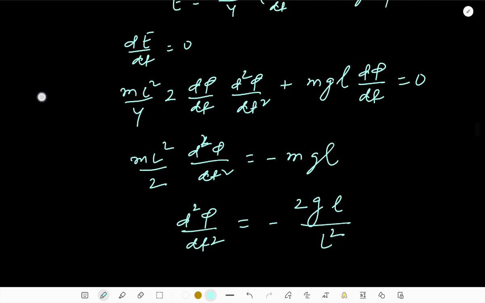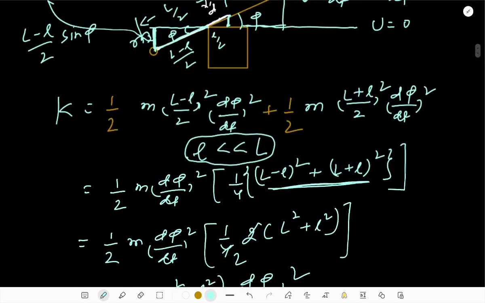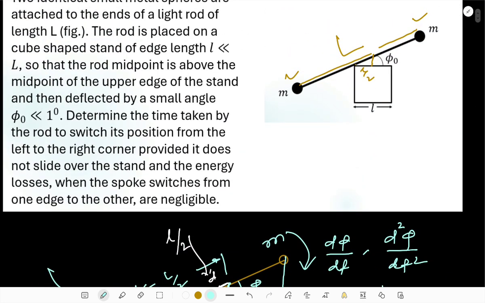So I'm going back to the problem: determine the time taken by the rod to switch its position from the left to the right corner. But before going to the right corner, it will become horizontal.